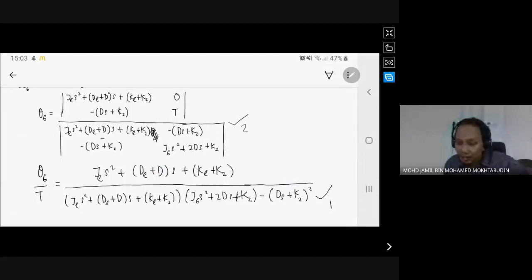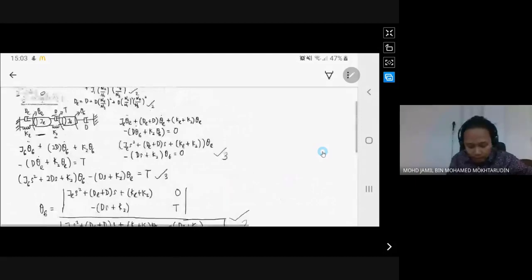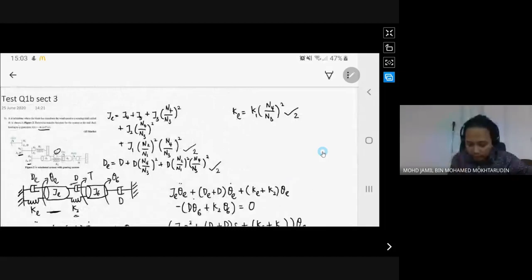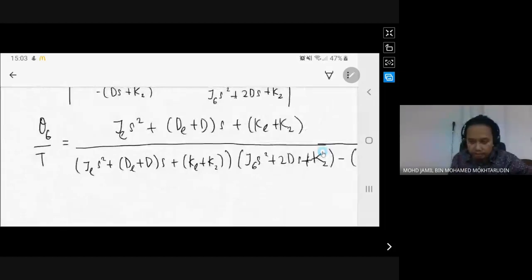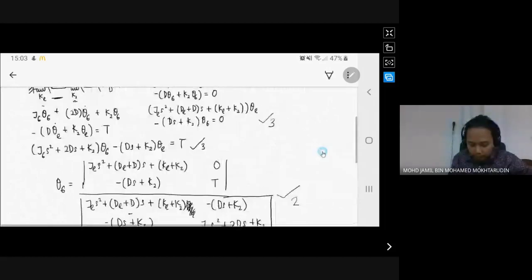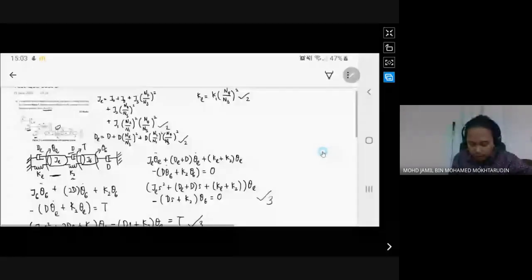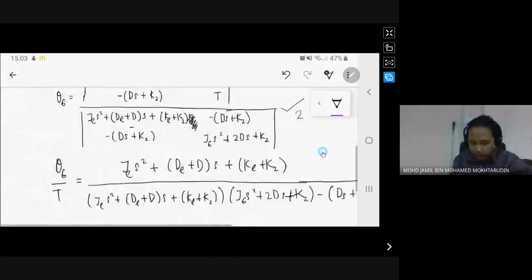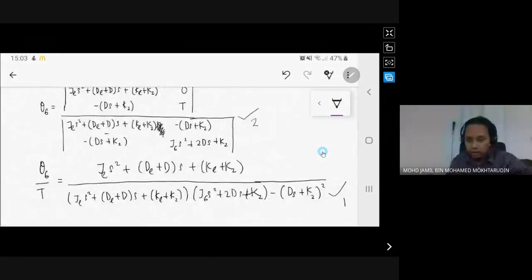Sir, do we need to substitute JE back? No need, because we already calculated it above. Substituting it back will make it long. No need to substitute back, okay? So just write like this. Substituting back makes it long and wastes time. But in the exam, if they give values, for example J4, J5, K1, all these, and N, only if they provide values, then you need to substitute all the values into the equation and find the final transfer function.